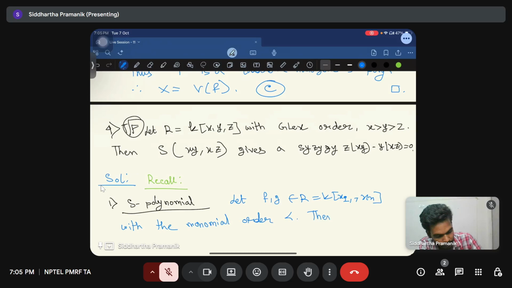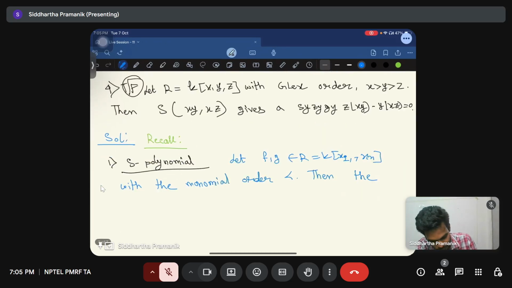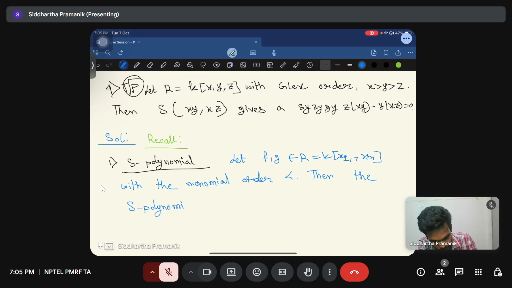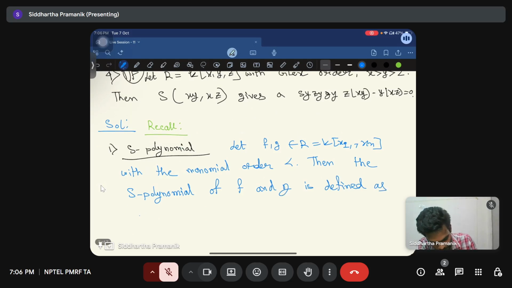Then the S polynomial of f and g is denoted by S(f, g). So this is the notation.